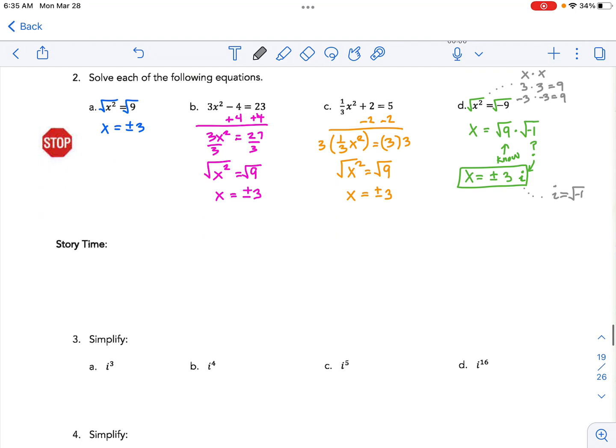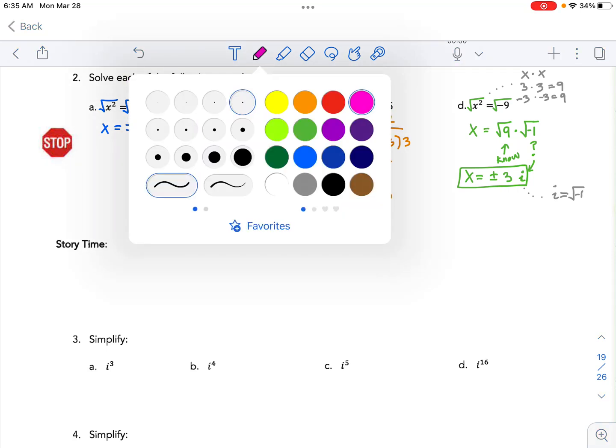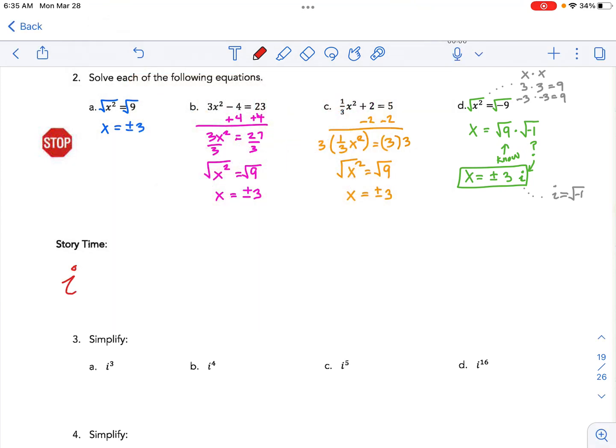So that being said, let's take a look at how we can get different values using just that imaginary component i. So we know by definition, because it's convenient to define it as such, that i equals the square root of negative 1.